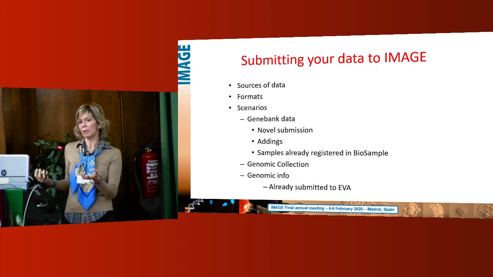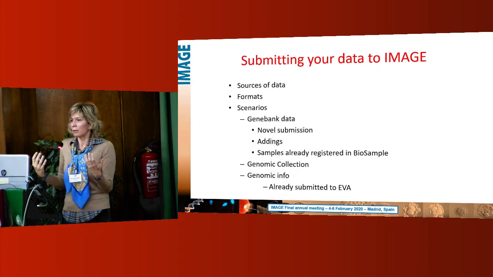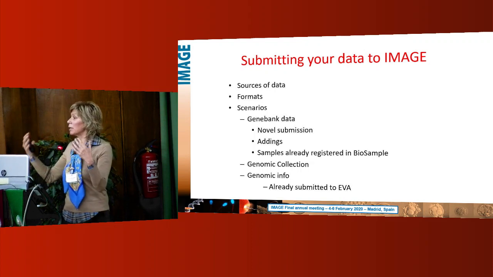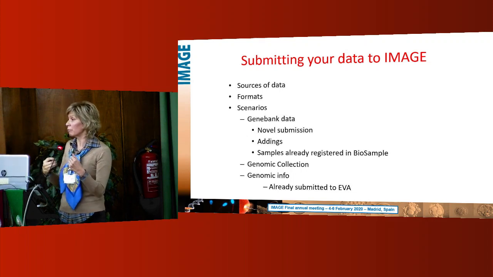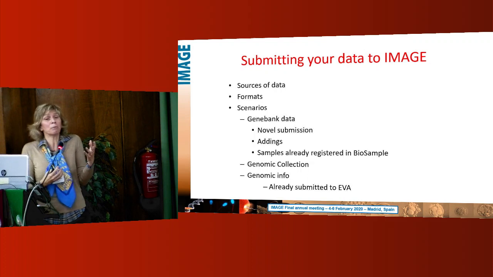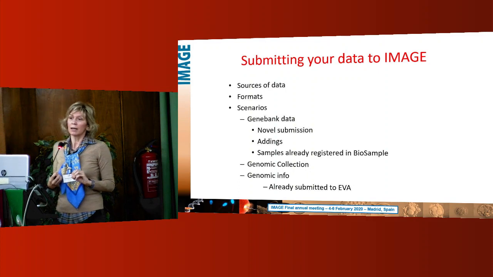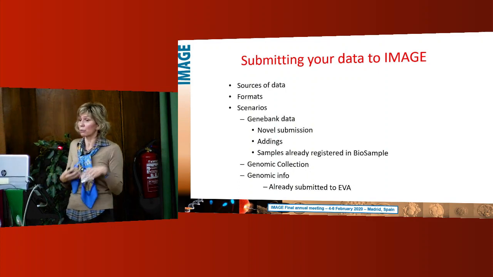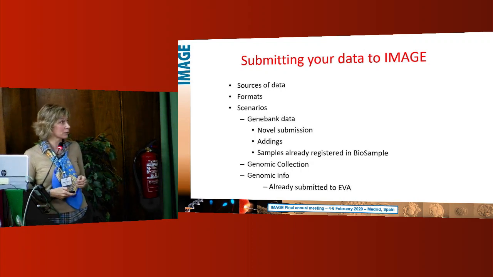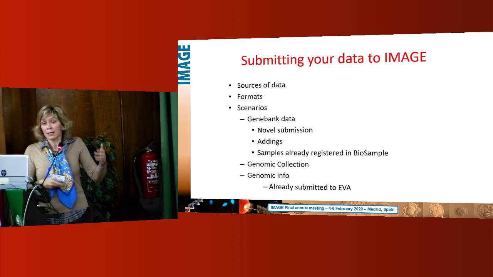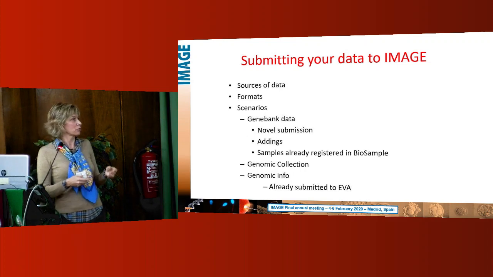A single gene bank with data uploaded on CryoWeb, with maybe a first major submission, and later on additions, addition of genotype information, and again, samples that were already registered in biosample for some experiments or reasons, some specific subpopulation that needed to be matched with gene bank samples. So we envisage different kinds of scenarios, as well as, as I said, genomic collections that were there because they were being genotyped in an EU project or so.